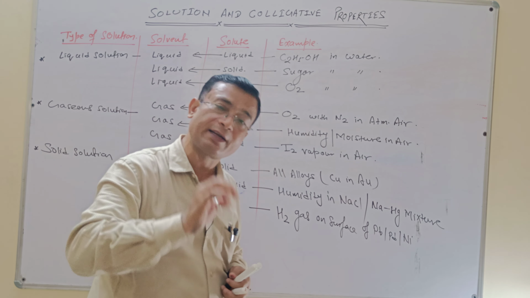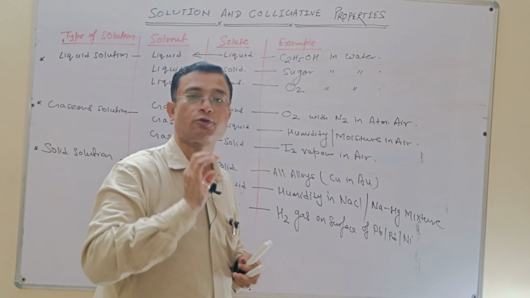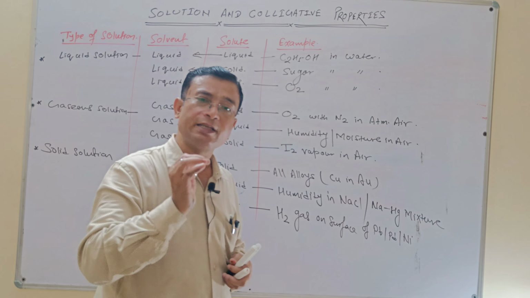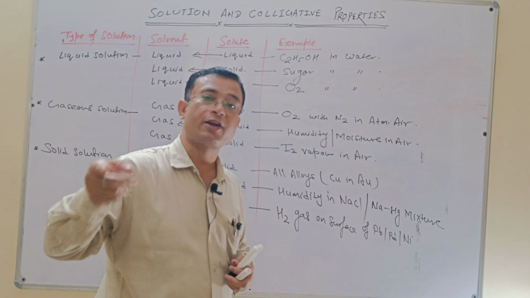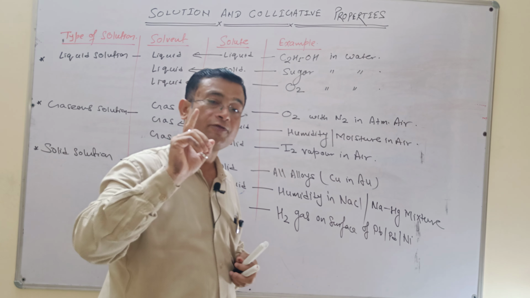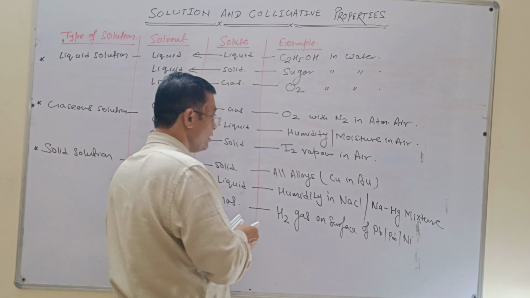This is not a perfect solution. Got it? This is not a perfect homogeneous solution. This is the example of adsorption, and adsorption we will study in surface chemistry. That is part of the JEE exam, not for the NEET exam. Got it?